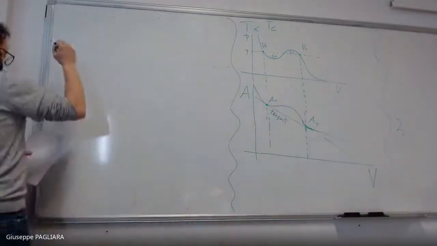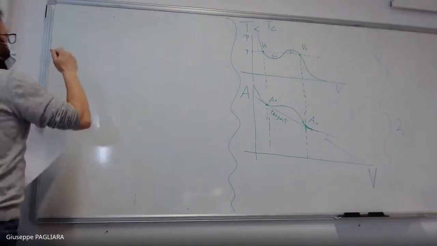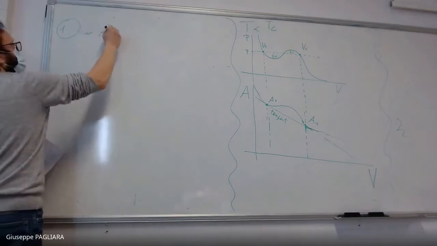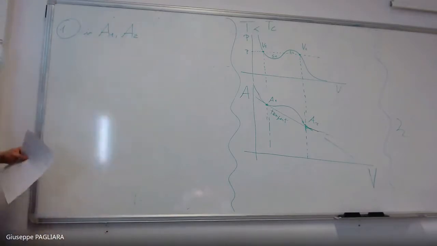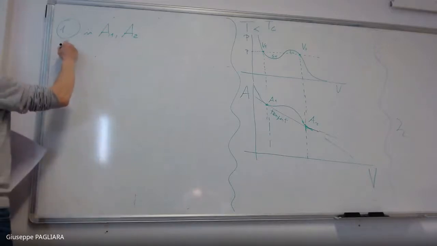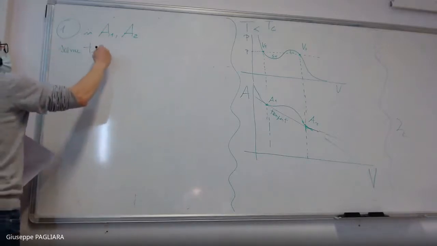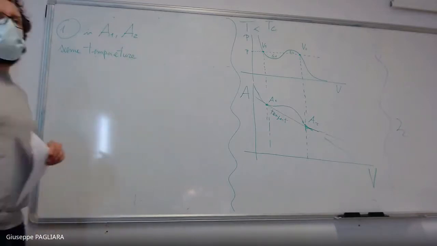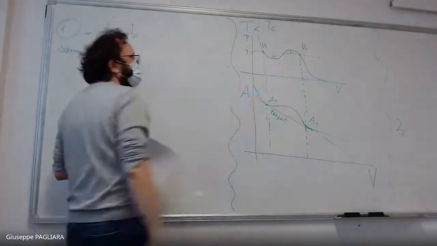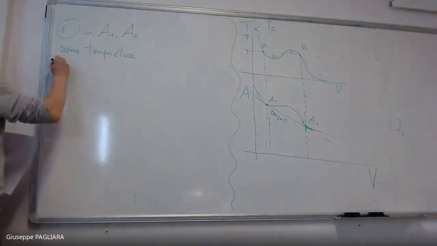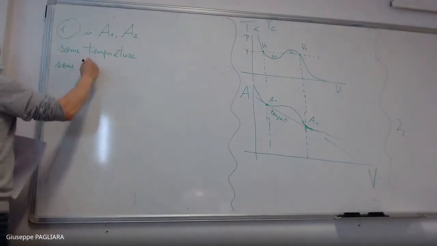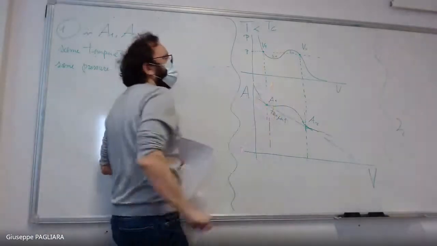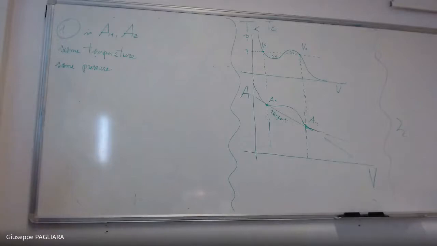So in A1 and A2, first point, we have the same temperature, because they are isothermal lines, both this and this, we have fixed the temperature, and the same pressure, which is the tangent here, or from here you see that they have the same value of the pressure.